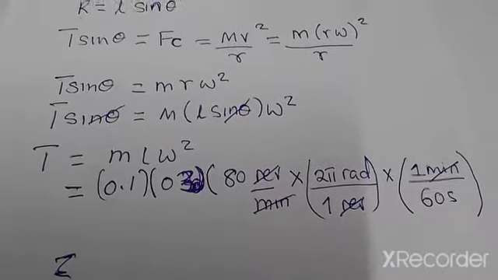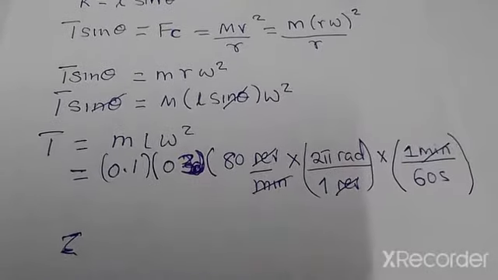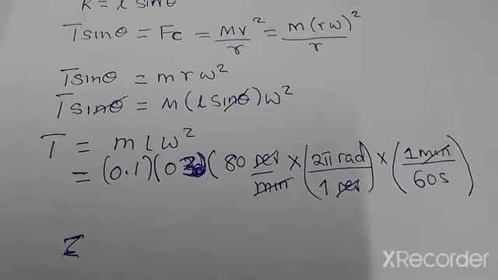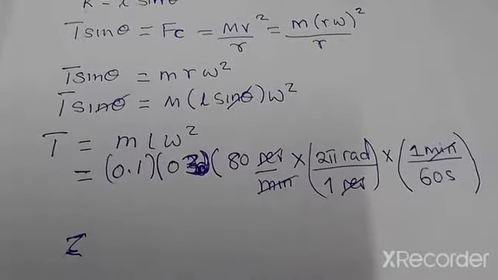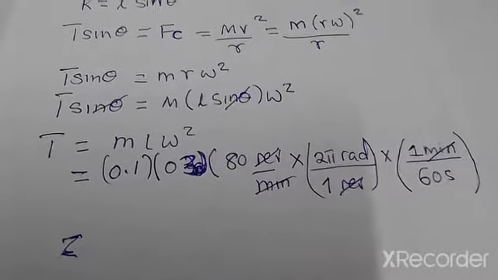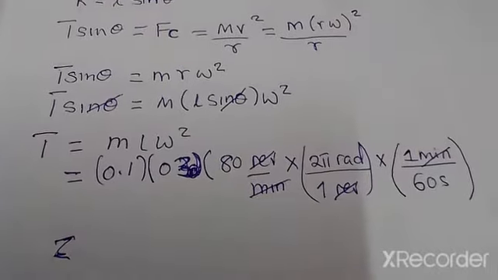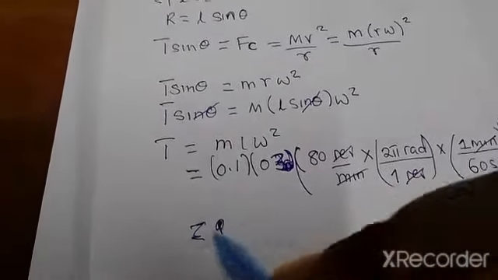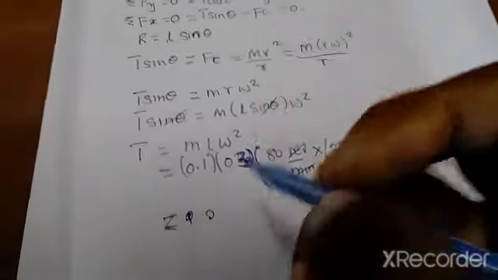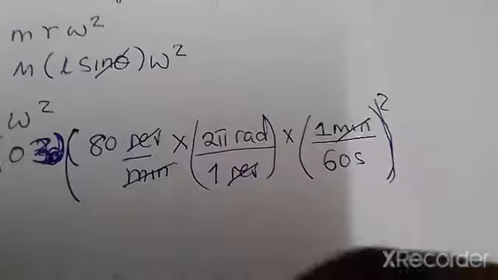So we'll have 0.1 multiplied by 0.3 multiplied by 80 multiplied by 2 pi. That gives us 15. Then we divide by 60, and we get, sorry about that.